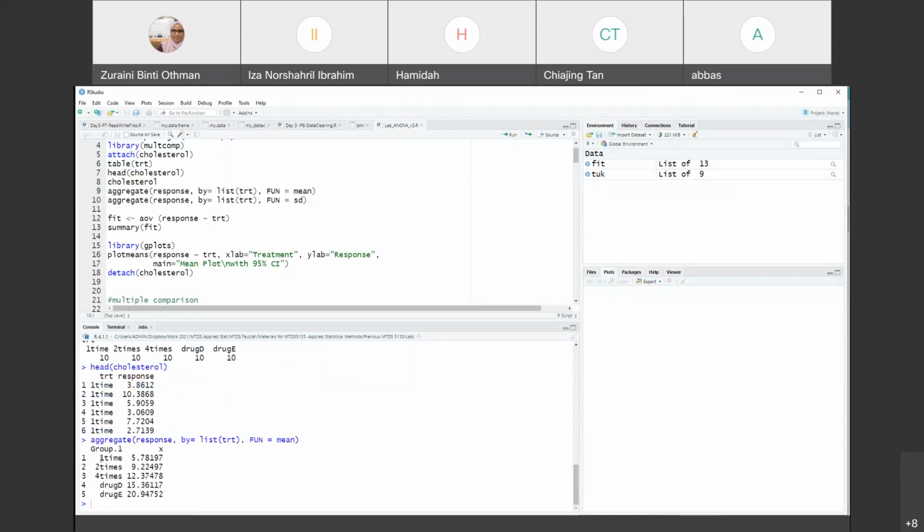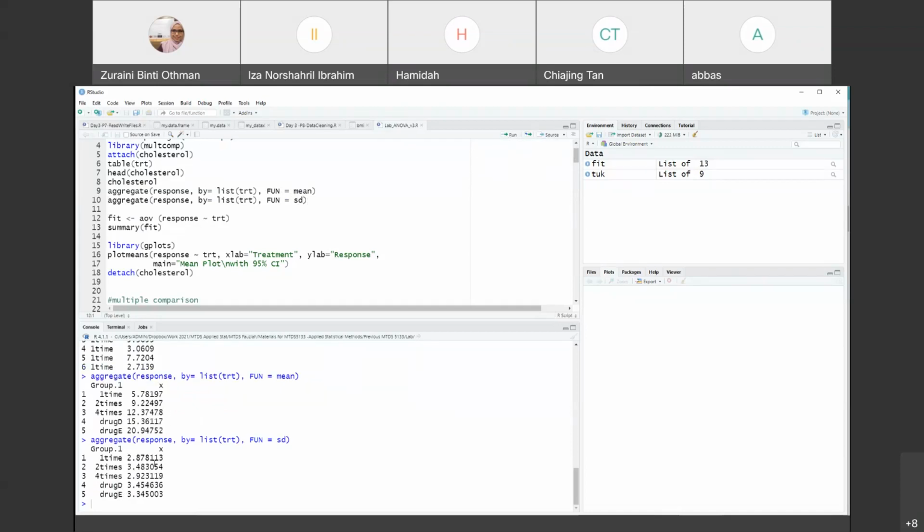Okay, if they take it by one time, we get the mean is 5.78 and two times 9.22 and four times 12.37, and this is the different drug that they take, and this is the response mean. Okay, then this is also aggregate for their standard deviation.